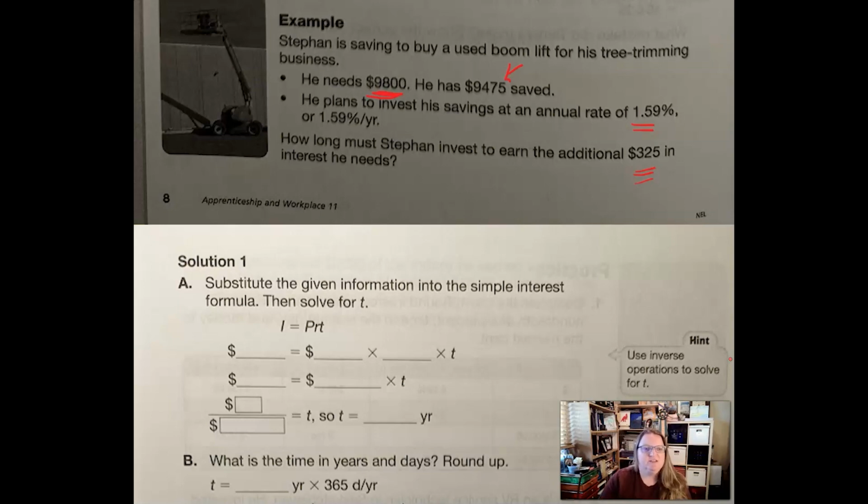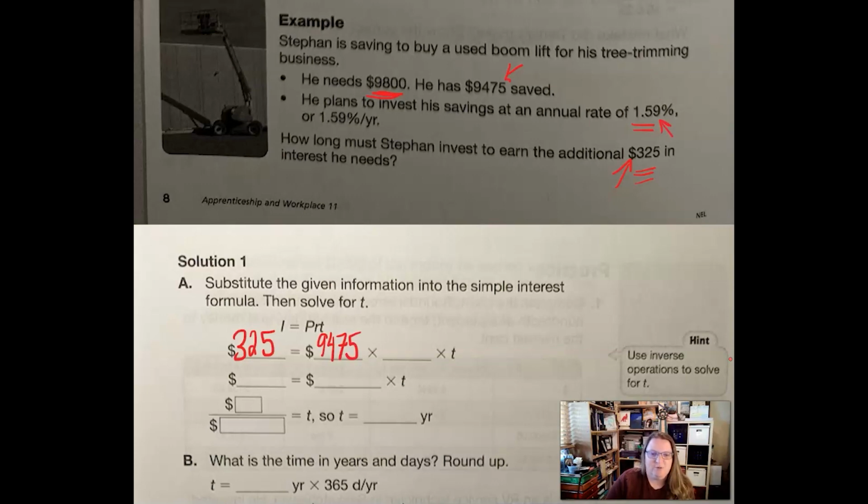All right. So substitute the given information into the simple interest formula. So remember to go back up to the top. What do you want to have in interest? You want to have $325. Haven't earned it yet, but this is what he's hoping to earn. The principal is the amount that he's putting in, $9,475. They've given you the rate in this case.